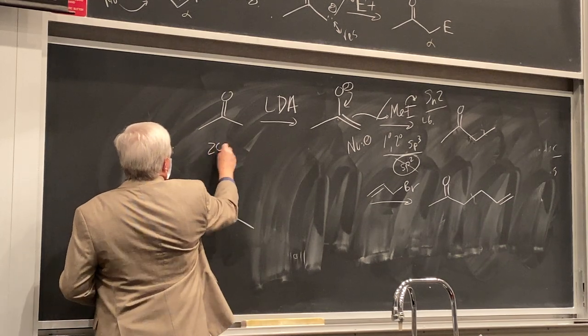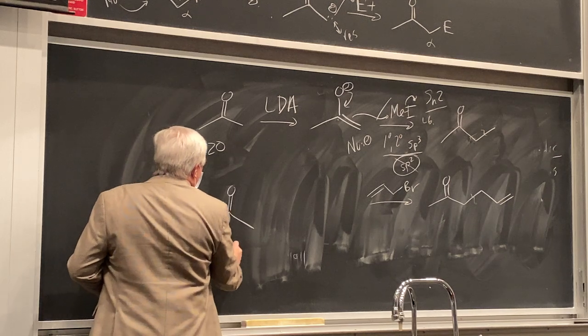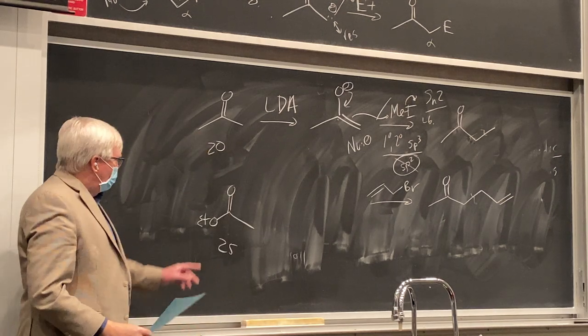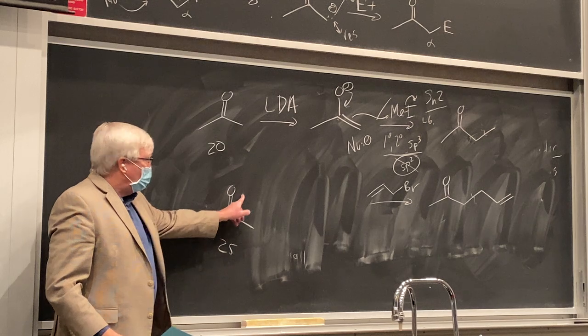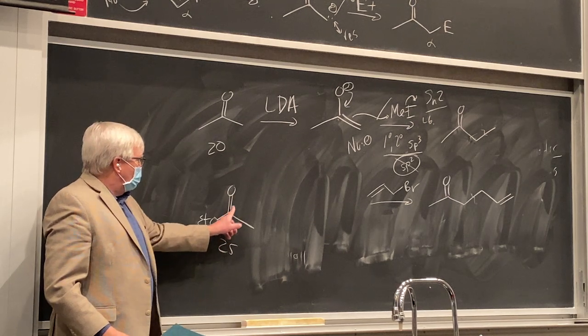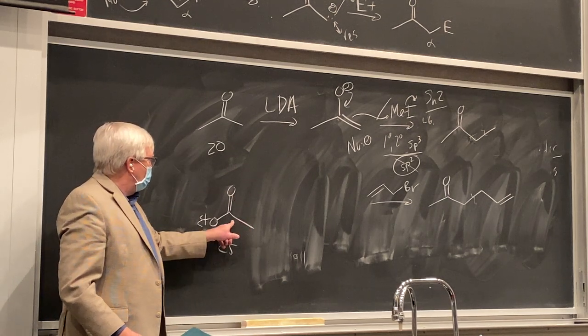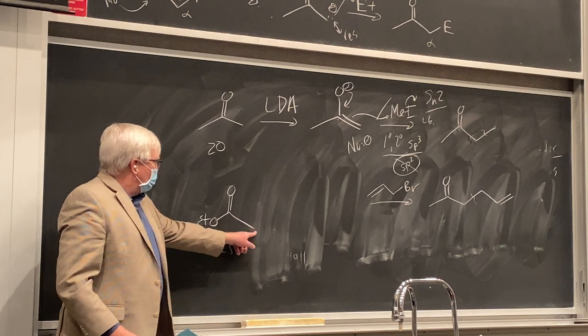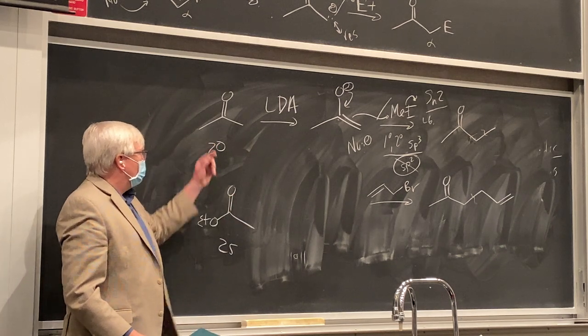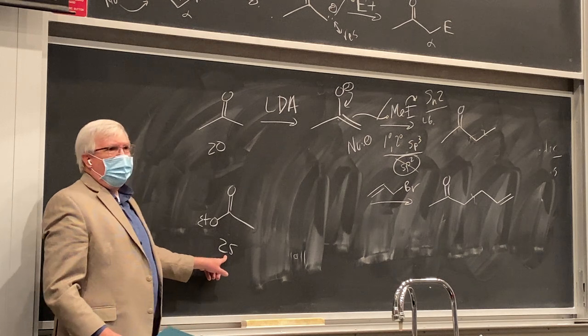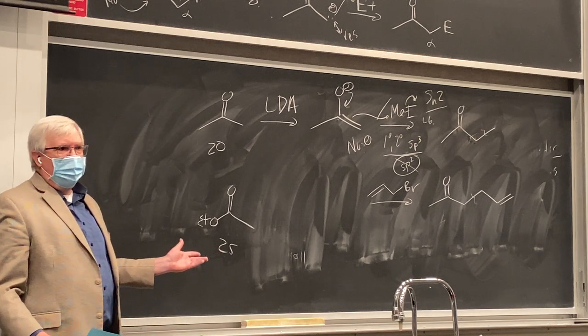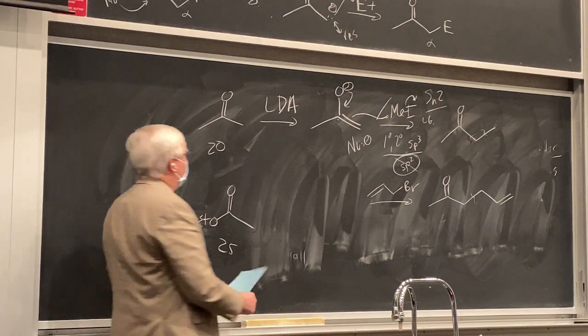Here the pKa was 20. Esters are a little bit higher, 25. And that's because you already have resonance here, pushing electron density by resonance in here. So it doesn't have as much stabilization power as a simple ketone. But still 25 is easily overcome by the LDA, right?